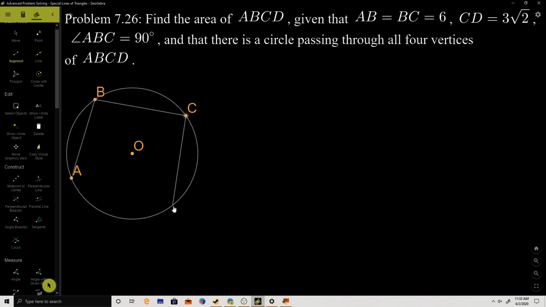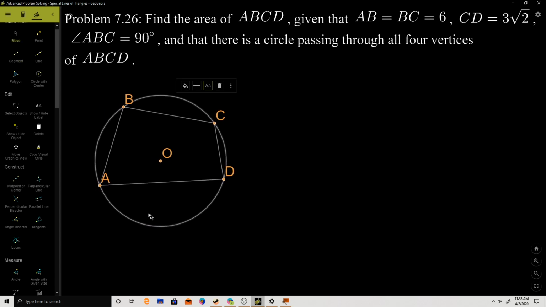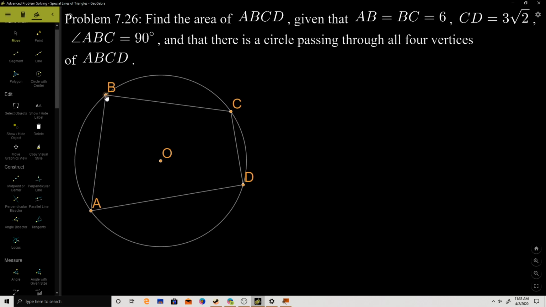So I'm just going to say it's over here, and then we'll connect A and D. So now that we got our diagram, we can start actually doing some. Let's make it a little bigger, and that should be good.